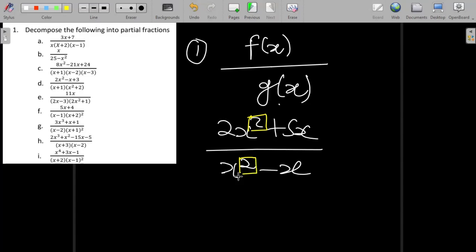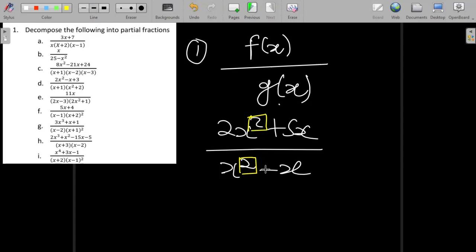Even here, the highest power is 2. So we said if the degree of the numerator is equal to the degree of the denominator, or greater than the degree of the denominator, we first have to do long division. You use the same long division that we did under polynomials, and the answer that you get is the one that you're going to decompose.